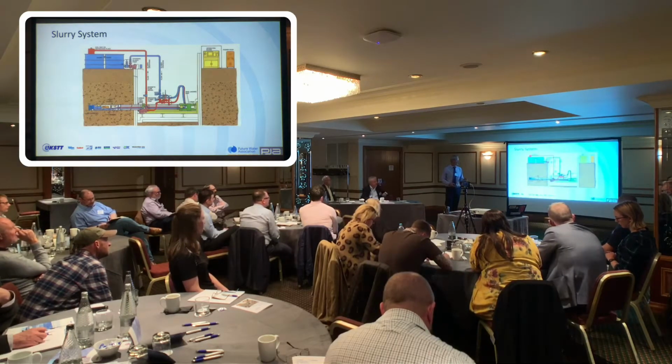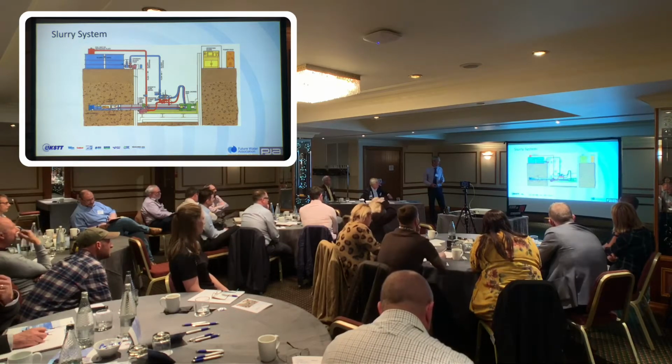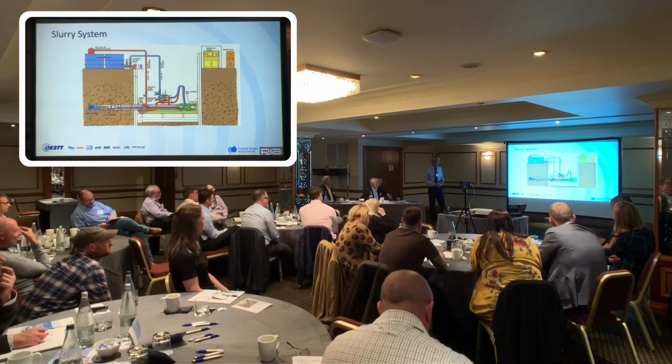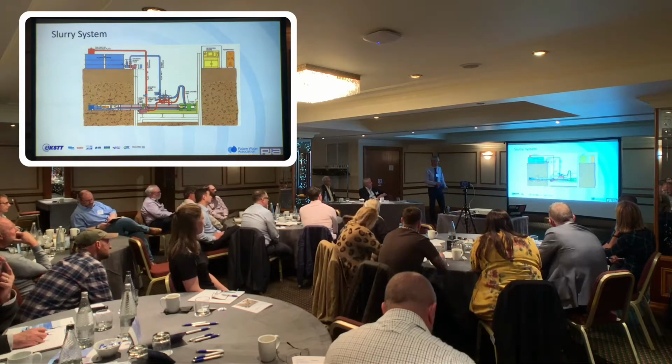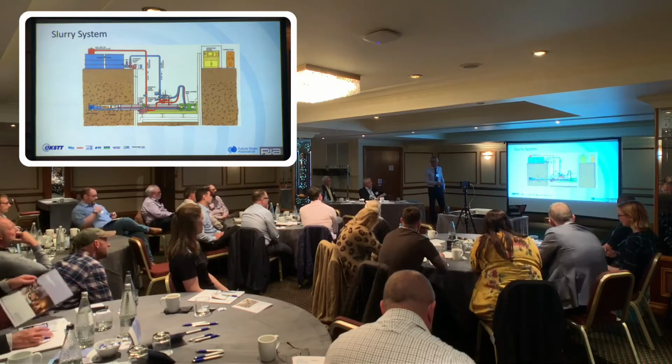We can't talk about the fluid without looking at the actual slurry system. So this is just a schematic. You've got a form of excavation at the front here, and because we're talking about slurry, we're talking about slurry shield microtunneling. You've got a slurry pipe system, so you've got an inline and an outline.